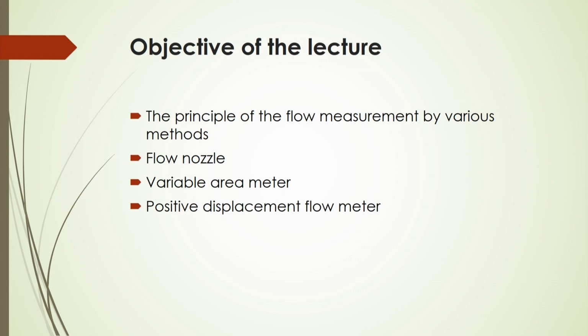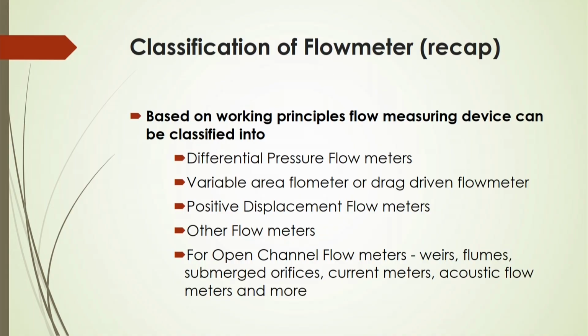Now, in this lecture we will also discuss the principles of flow measurement by other various methods like flow nozzle, variable area meter, and positive displacement flow meter. As we have already classified the different types of flow devices based on the working principle of the measuring device, we can classify them as differential pressure flow meters, variable area flow meters, or drag driven flow meters.